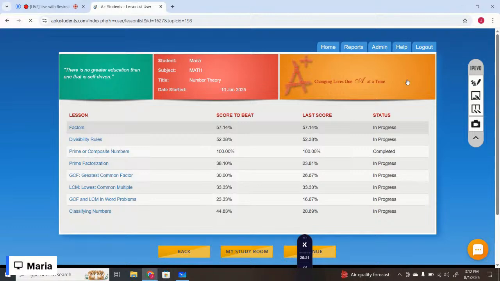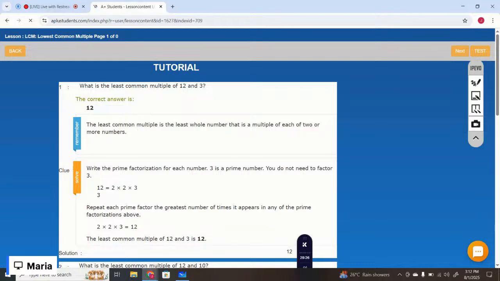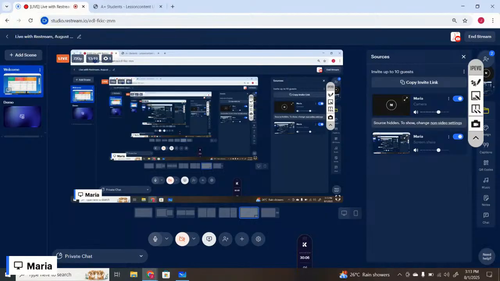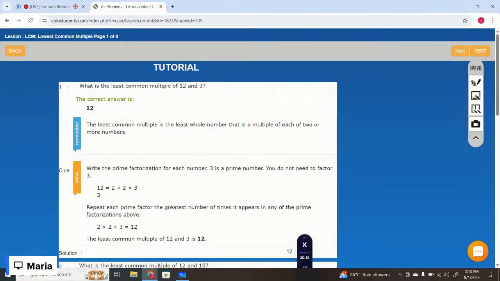That is LCM, lowest common multiple. What is the least common multiple of 12 and 3?